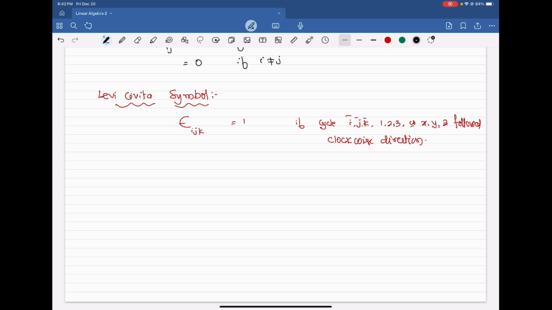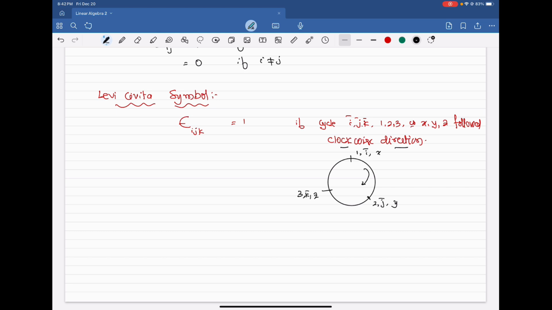You just see. This is a circle. This is 1, i, x. This is 2, j, y. This is 3, k, z. If it goes in the clockwise direction, this value will be positive. Epsilon ijk will be plus 1 if it is in the clockwise direction.